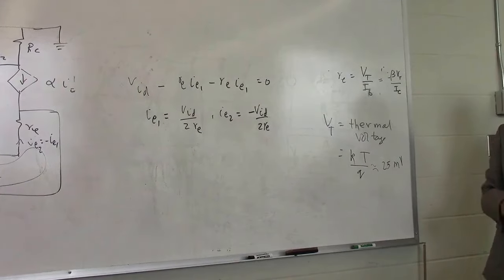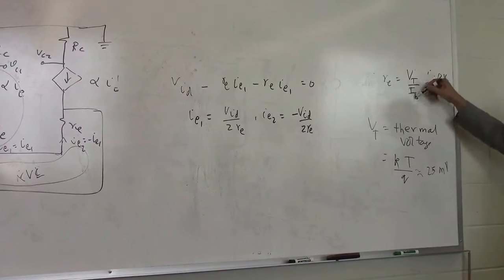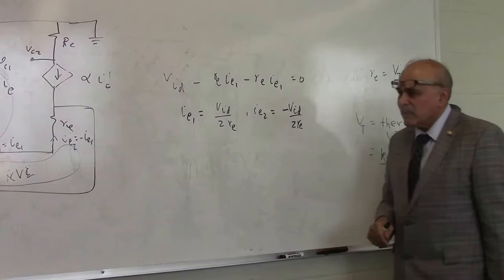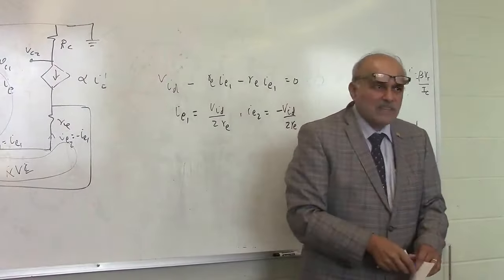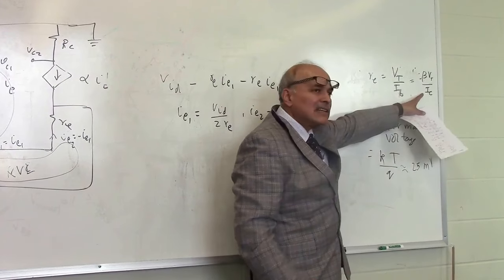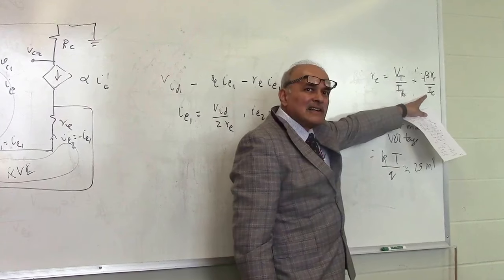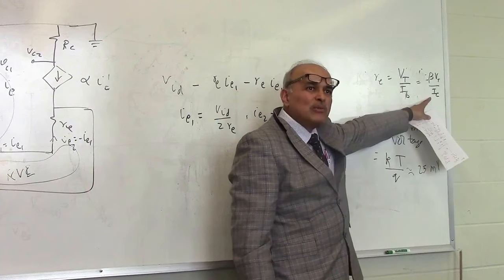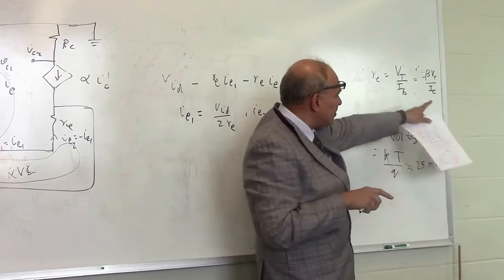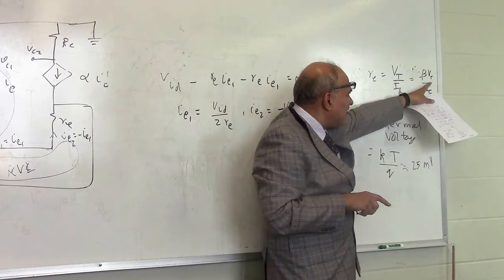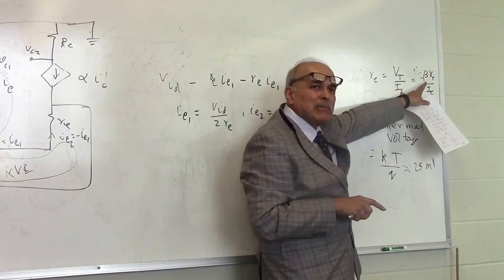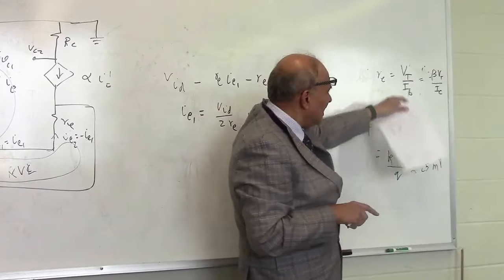So it's roughly 25 millivolts at room temperature. IC is the bias current. What is IC here, by the way, in our case? 1 milliamp, because there's 2 milliamps in total in both the transistors, so IC is 1. So it's basically 25 millivolts divided by 1K multiplied by beta would be your value of RE.